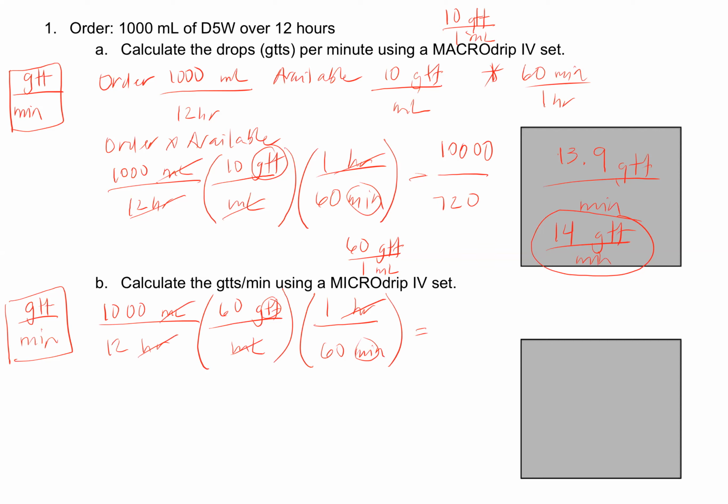So what we have here is the answer of 83.3 drops per minute, or you can just round it to 83 drops per minute. Final answer for 1B.